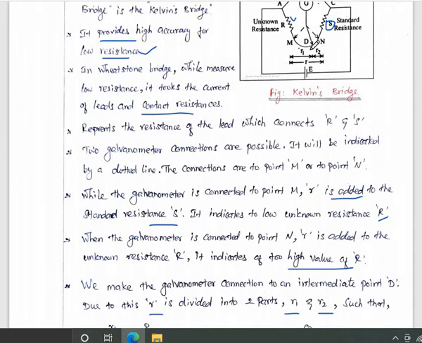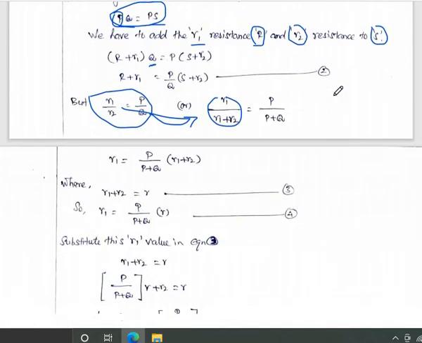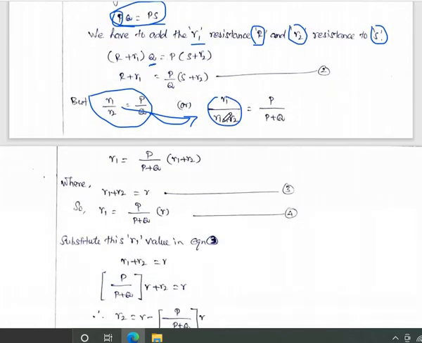Here it is at the bottom, and this is a common point, so the resistance will be divided here. R1 R2 will be divided here, and it should be arranged in parallel format, and this is the D point. The two resistances are divided into two sectors, so it will act as a parallel. So the equivalent resistance equals R1 divided by R1 plus R2.